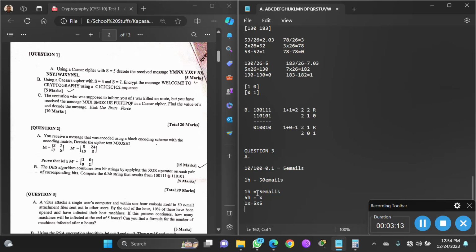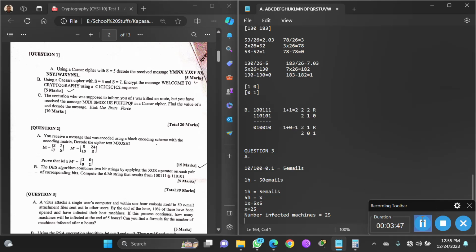So if you get rid of the 1 by dividing both sides, you remain with x, then 5 times 5 is 25. So following the question, it means that the number of infected machines is equal to 25 based on our calculations.